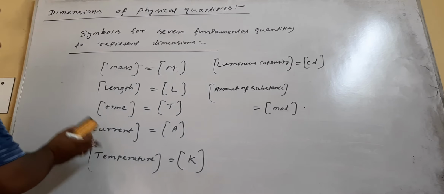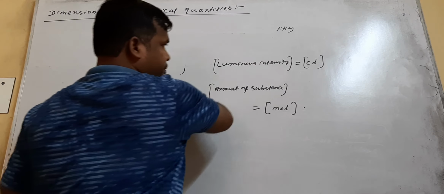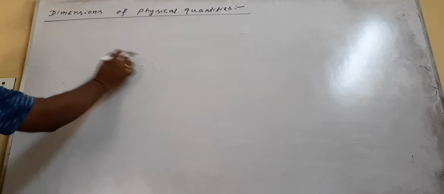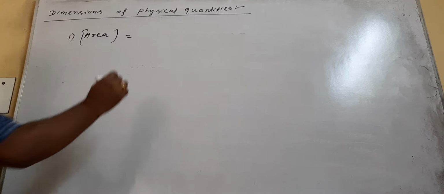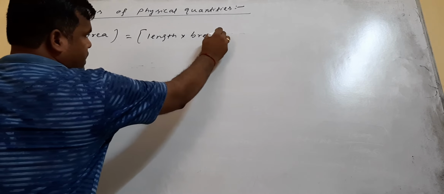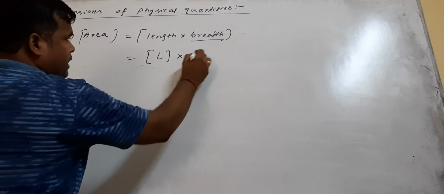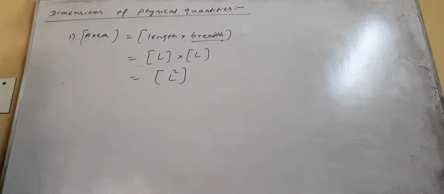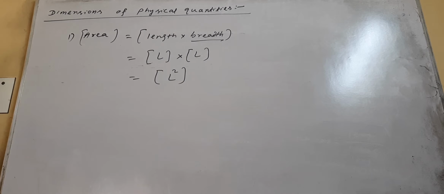Now come to dimensions of some physical quantities. For example, area. The formula is length into breadth. Length, that is L, and breadth, that itself is length, so it is L2. Here you have no mass and time.